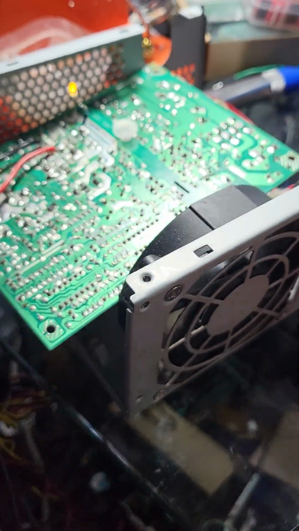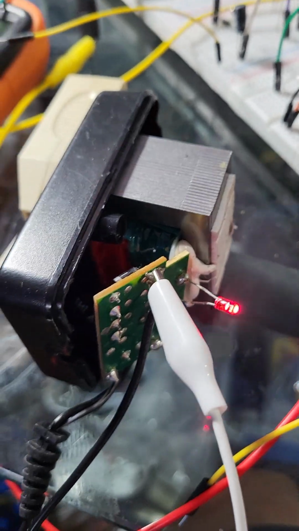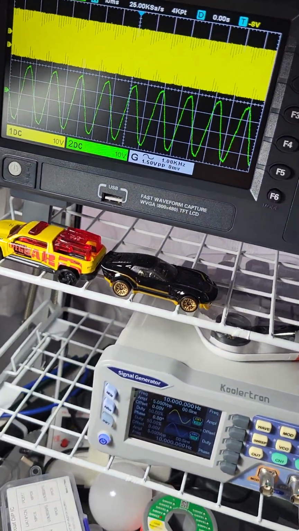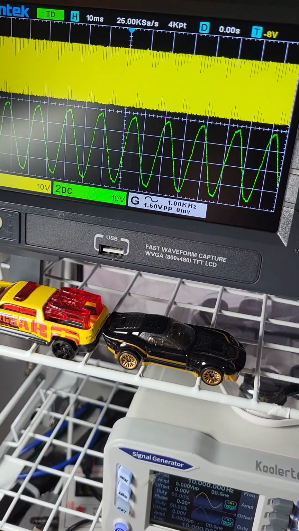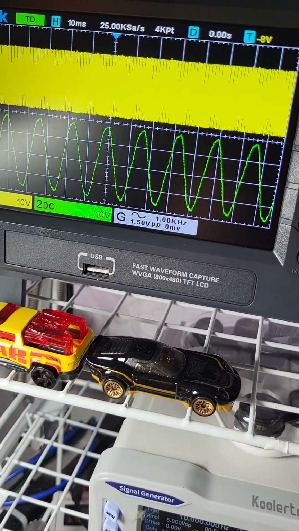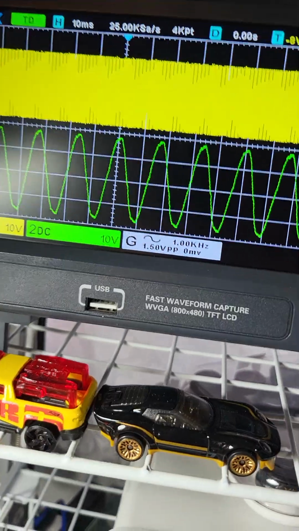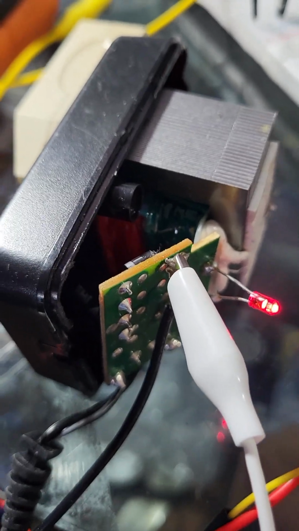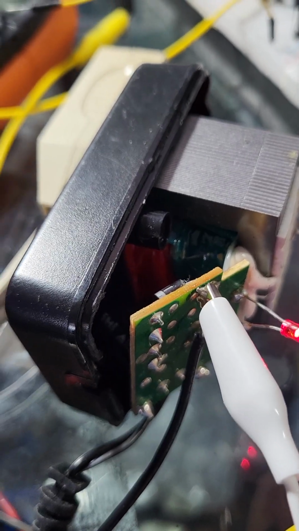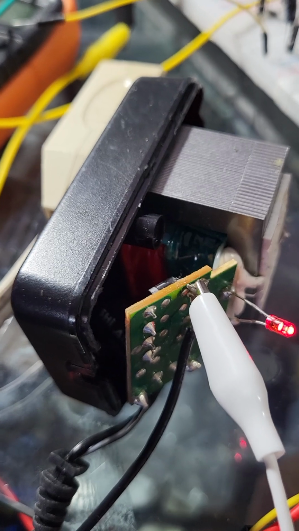The purpose of our experiment, guys, is to show you the difference between a switching power supply and an ordinary power supply in terms of the frequency that they are using. So for an ordinary power supply like this, the frequency is based on the frequency of the source voltage, or the outlet voltage.